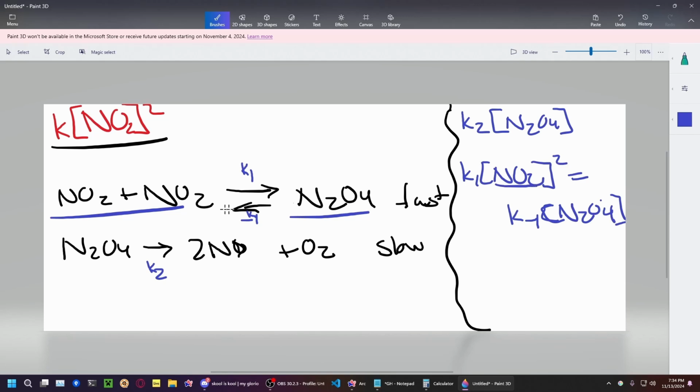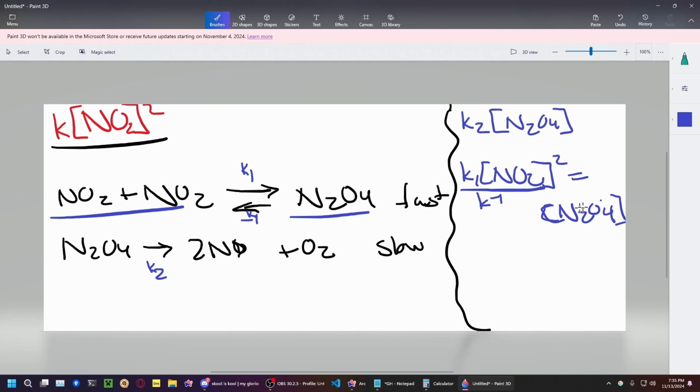So I just take this, count by 2, take this, count by 1, and they're the same. Now, if I solve for my concentration of N2O4, I basically just divide on both sides. So I'm just going to quickly do that.